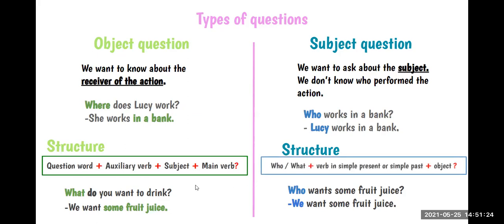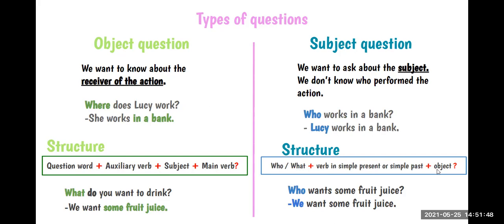Okay, so we have question word, auxiliary verb, subject, and the main verb, and of course the rest of the question. In this situation, we have the question word who or what, and we have the verb, which could be in the simple present or in the past simple, in any tense. And then we have the object or the rest of the question.